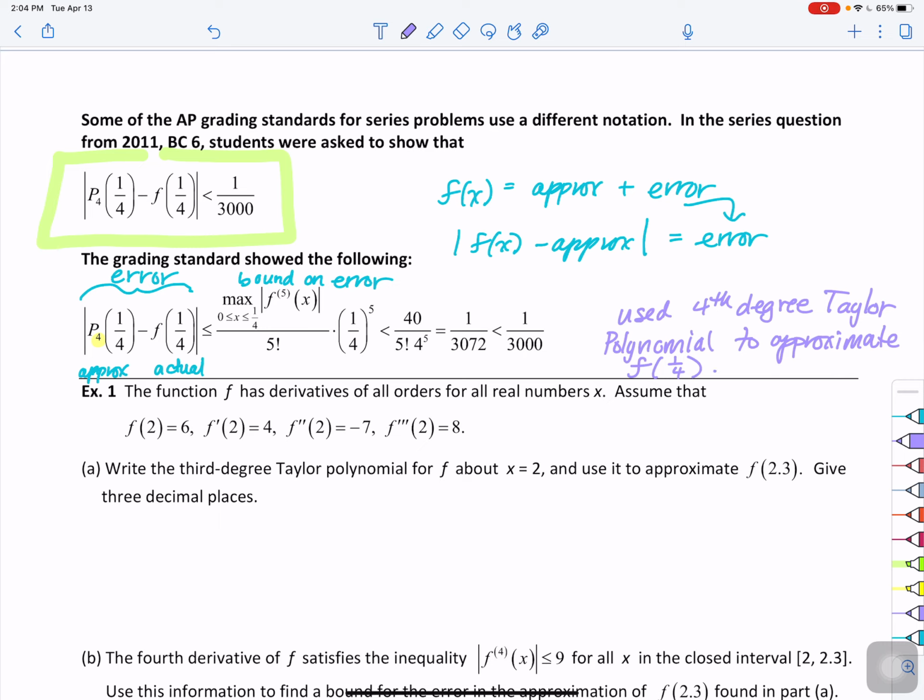So what did they do? They went to the 5th derivative and evaluated it on some x value between 0 and 1/4.